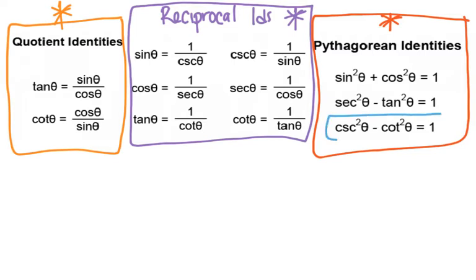So if you look at this bottom one, the cotangent isn't isolated, but I could get it isolated. So remember, and you can go back and look at the previous lesson, but cotangent squared plus 1 is equal to cosecant squared.